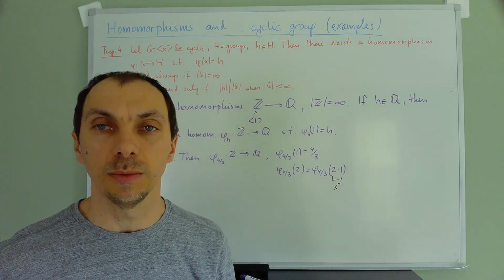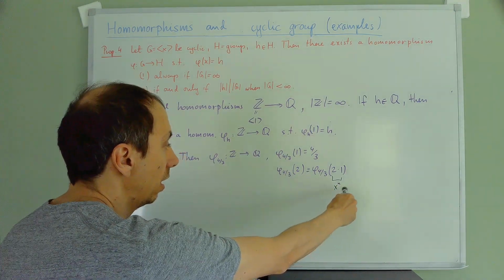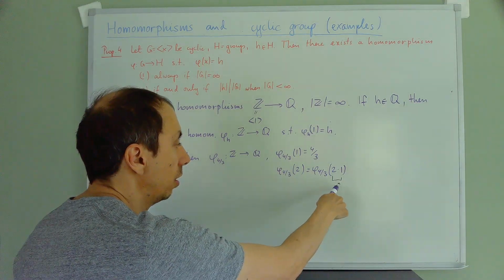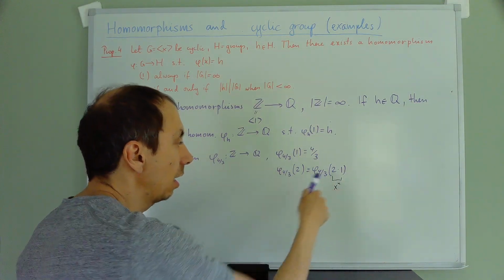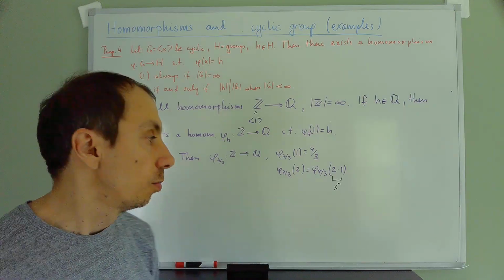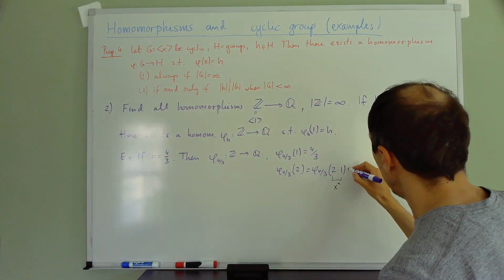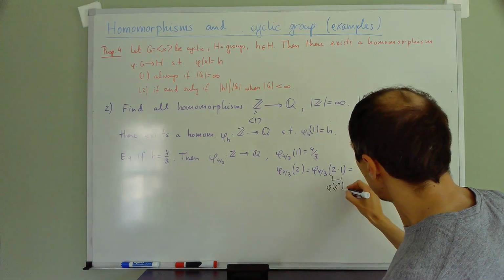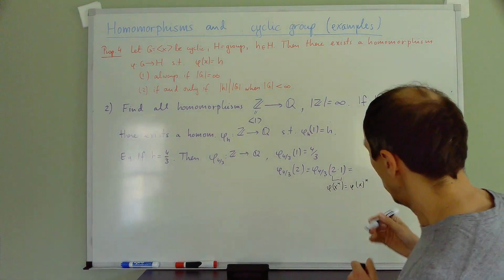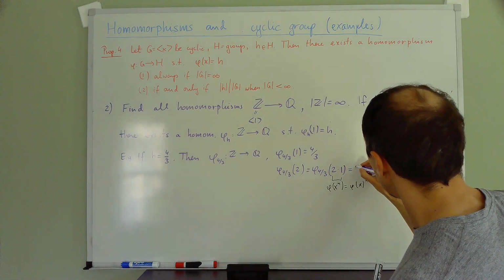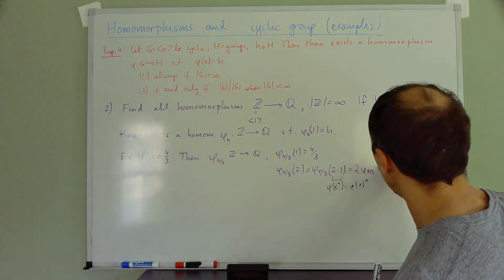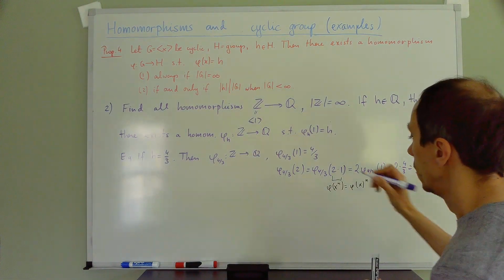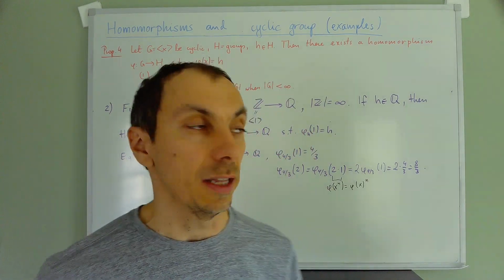Instead, we write it as 2 times 1. But remember that secretly, x, which is 1, squared: x composed with itself using the binary operation in the group Z. Remember, for any homomorphism, phi of x to the n, the n comes out. So that's 2 times phi 4/3 of 1. So that's 2 times 4/3, so 8/3. So phi 4/3 maps 2 to 8/3.